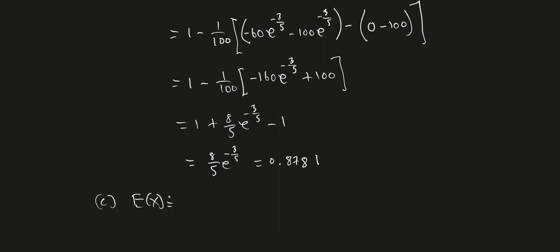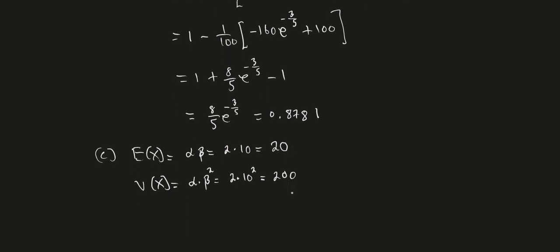The expected value of a gamma random variable is always alpha times beta. Alpha in this case is 2, beta is 10, so the expected value here is 20, right? The variance is always alpha times beta squared, so that's 2 times 10 squared, and that is 200.